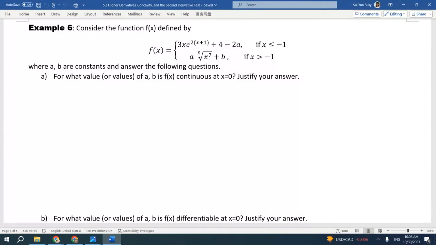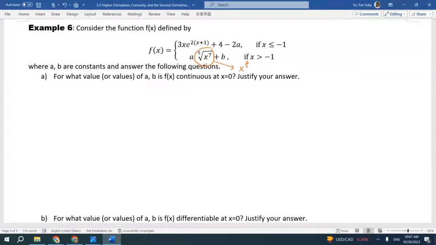Okay, so we have 2 pieces, right? And you see an exponential function and a polynomial. Are you able to look at the screen? The second piece formula, do you see this is x to the what power?